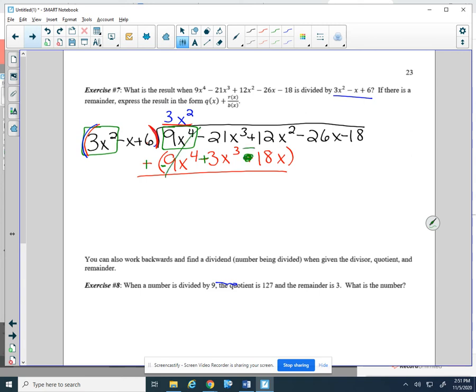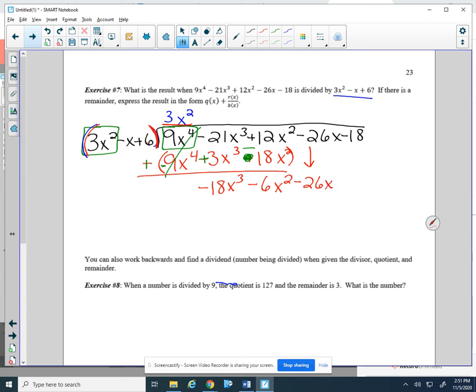First terms always cancel. Negative 21x cubed plus 3x cubed is going to be negative 18x cubed. 12 minus 12x squared, oops, this was a mistake here. This should have been an x squared. So 12x squared minus 18x squared is negative 6x squared, and then we bring down the next term.